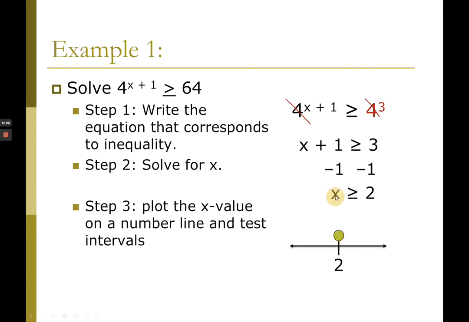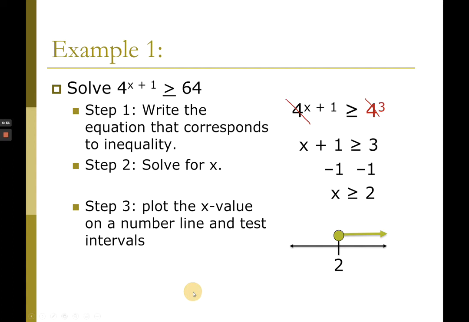Since it says x is greater than or equal to 2, the greater numbers are on the right side. This is the location of your solutions: greater than 2, including 2 because there's an equal sign. 2 and higher than 2 will make the inequality true.